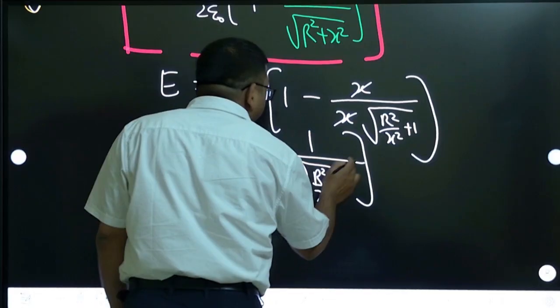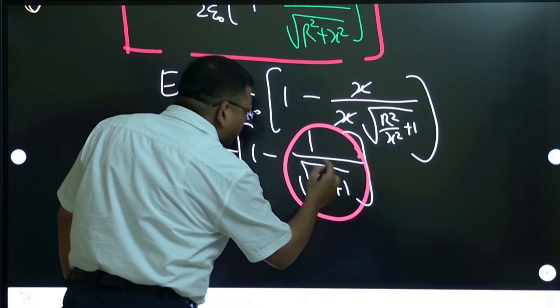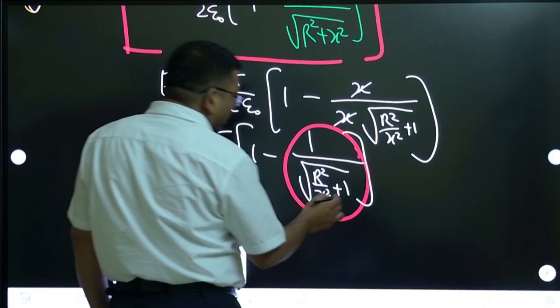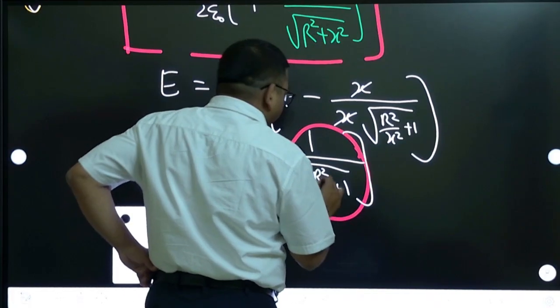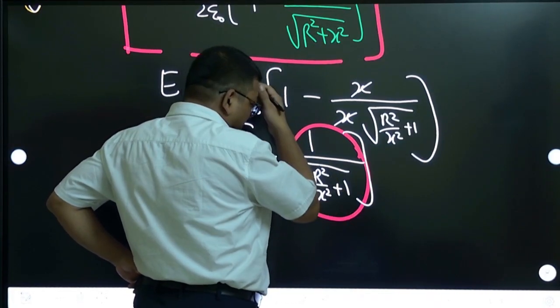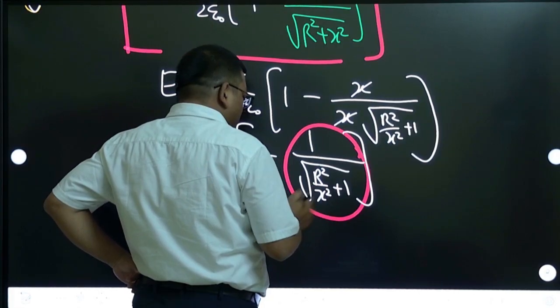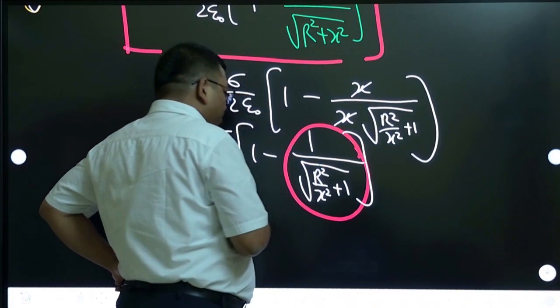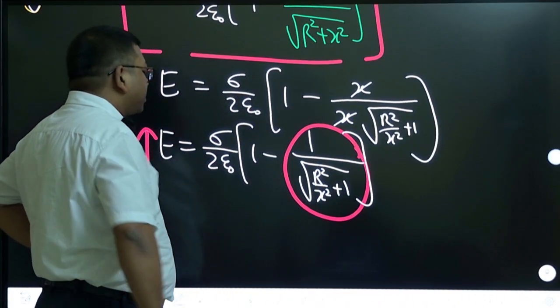For this term to be minimum, the denominator has to be maximum. Denominator has to be maximum. And when is the denominator maximum? When is denominator maximum? What do you think when denominator is maximum?